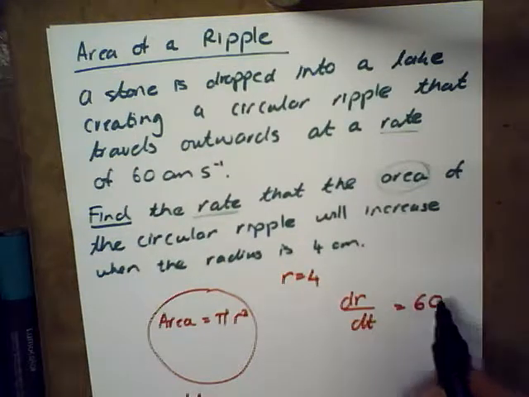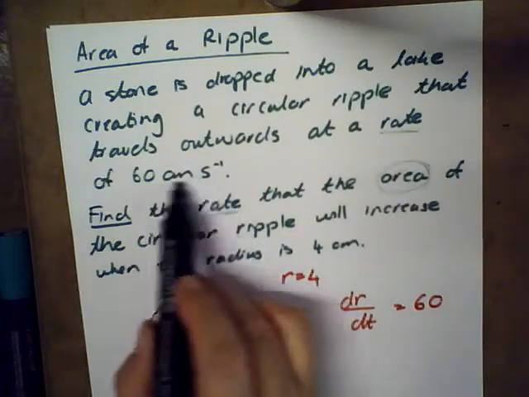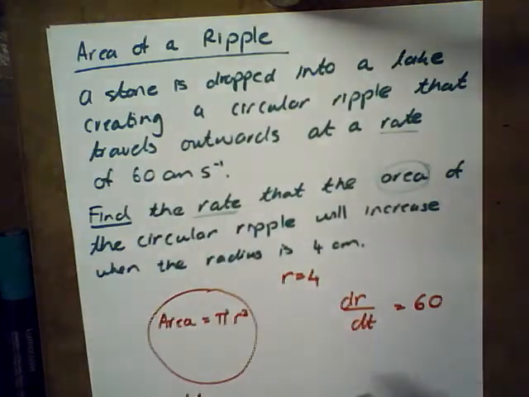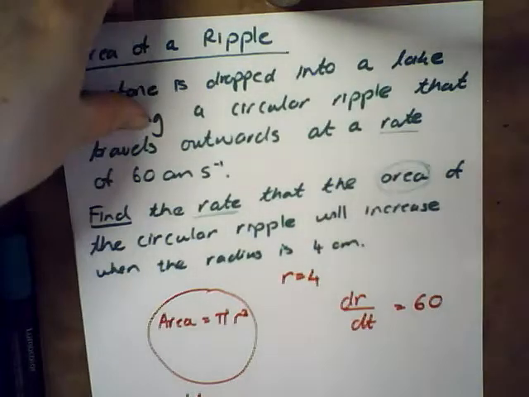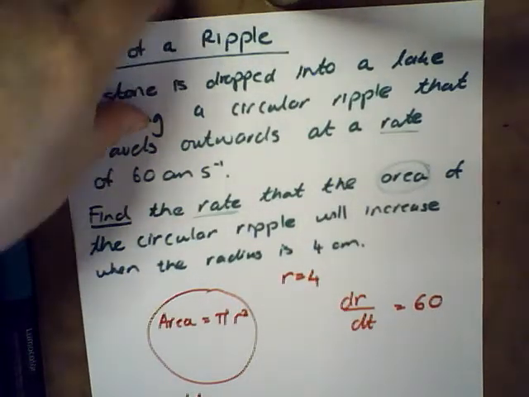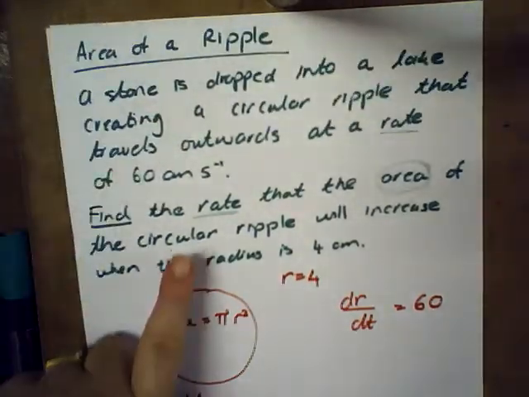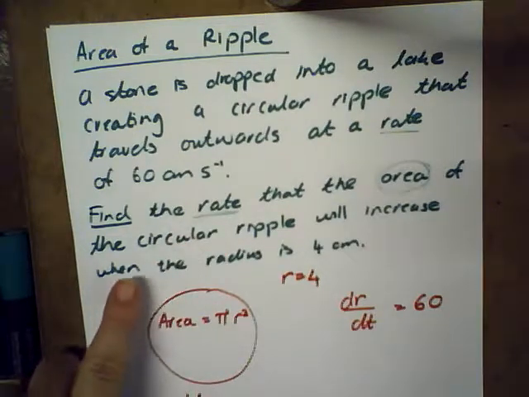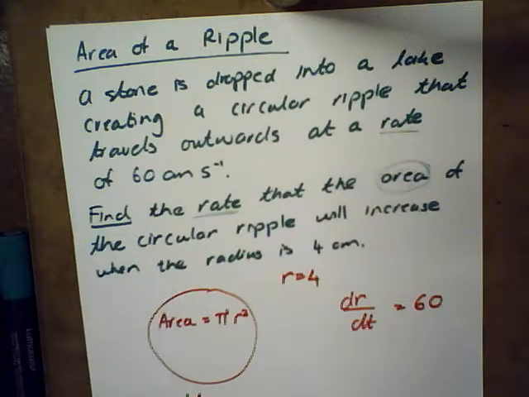I'm dropping the measurements over here so that it makes it a little bit easier to work with in the problem. Okay, so do we have enough? What do we want to find? Find the rate at which the area will be increasing at that specific moment, when the radius is 4. So we want to find dA/dt.